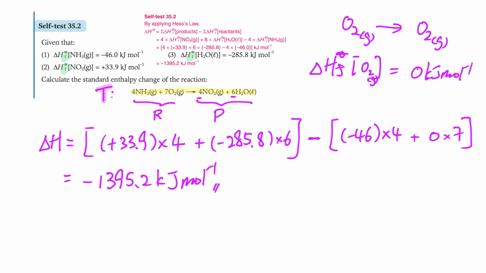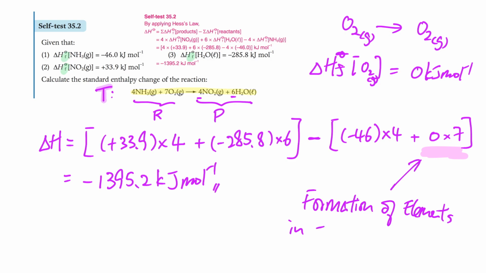One key point I just have to emphasize: if you have formations of elements in the standard state, it has to be 0 kilojoule per mole because they are just forming themselves.